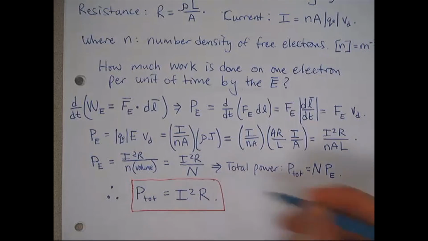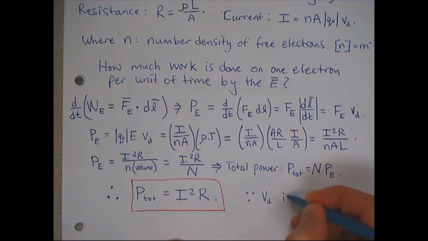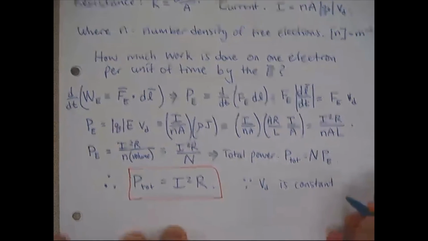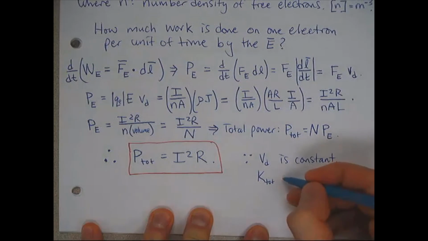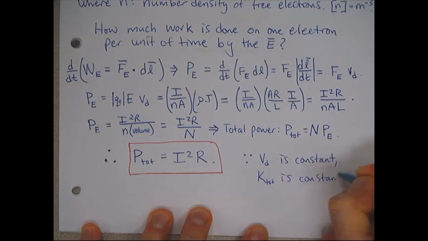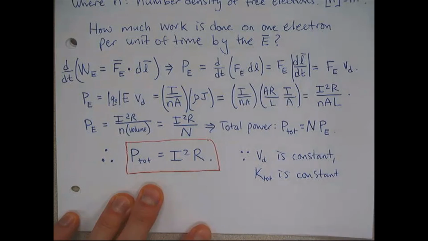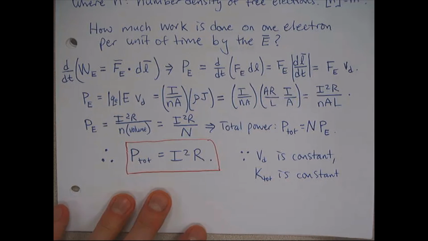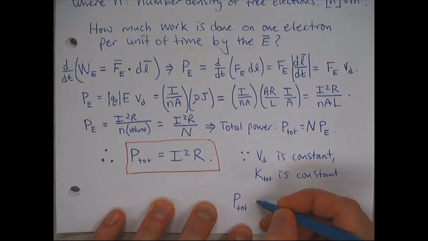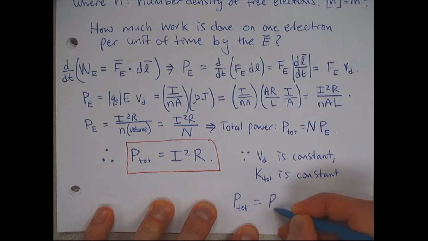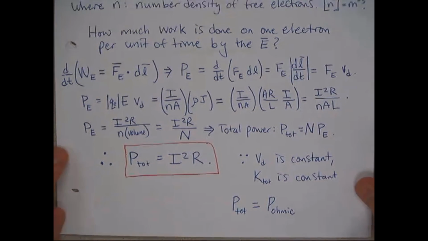You need to take the next step and say, because the drift speed is constant, total kinetic energy of those electrons is constant, and we're led to the conclusion that the power input from that electric field must be exactly balanced by some release of energy, and that is the ohmic heating.